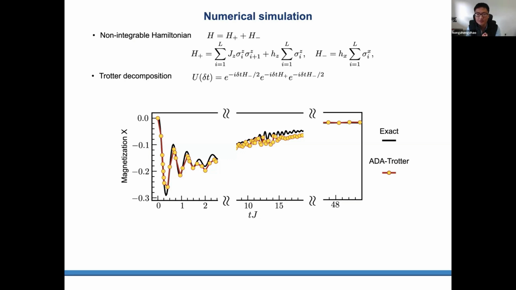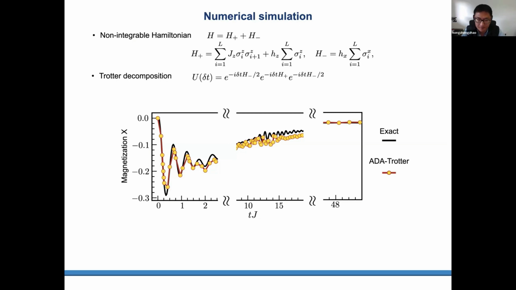At early times, you see very coherent oscillations, at intermediate times you slowly relax, and at very long times, you completely relax, reaching the prediction of the eigenstate thermalization hypothesis. And then I run this adaptive Trotterization method, which is the orange dots.